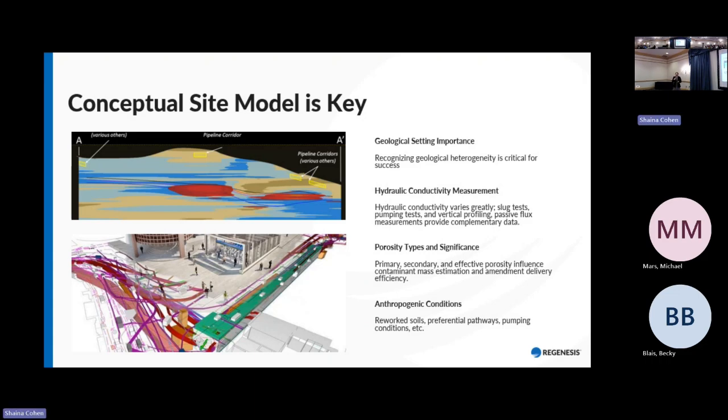Potentially underground utility lines, reworked soils, and historic fill that's been deposited in places that doesn't make any natural lithological sense, right? All of this really needs to be well accounted for, and it really helps us achieve success when we go into the field to actually apply these remedies.